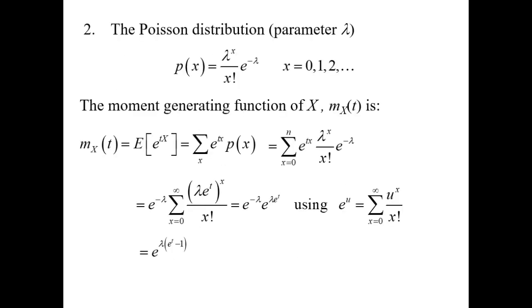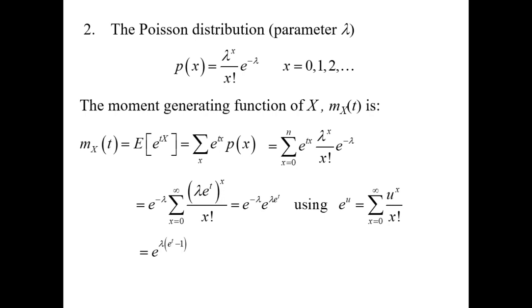The second example is the Poisson distribution. The parameter is lambda. The Poisson PMF is p of x equal to lambda raised to x e raised to minus lambda by x factorial, x from 0 to infinity. The moment generating function of this Poisson distribution, M_X(t), expectation of e raised to tX, is equal to summation over x of e raised to tx p of x, which is summation from x equal to 0 to infinity of e raised to tx lambda raised to x by x factorial e raised to minus lambda.